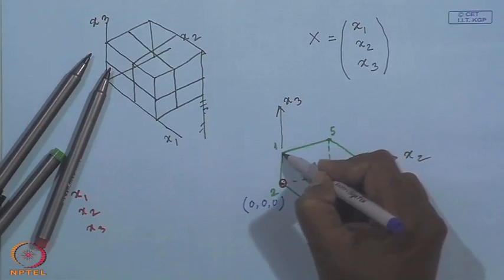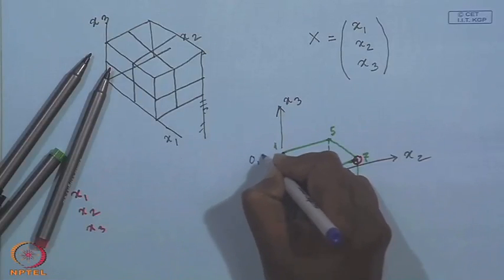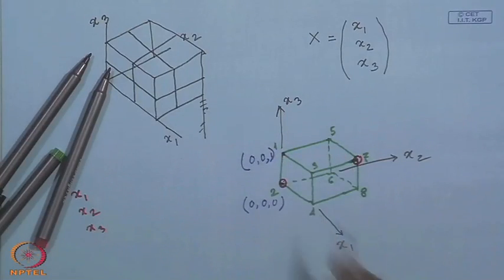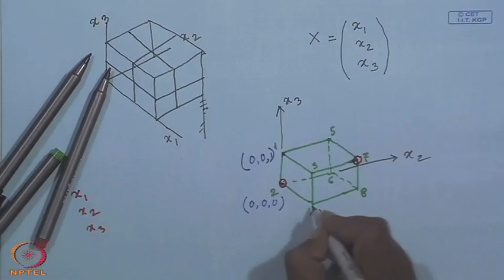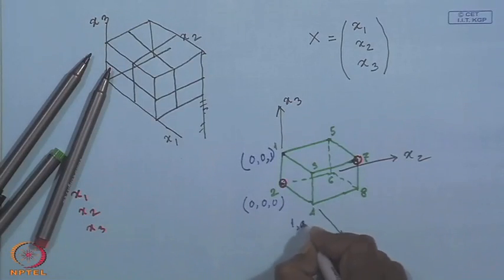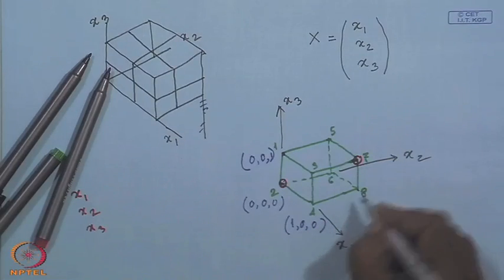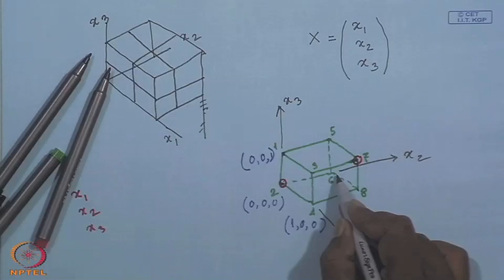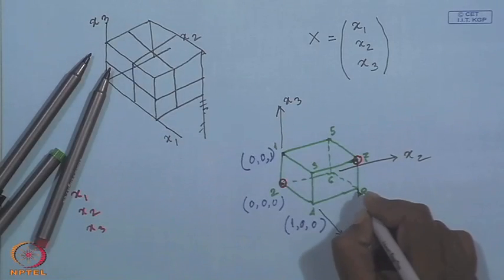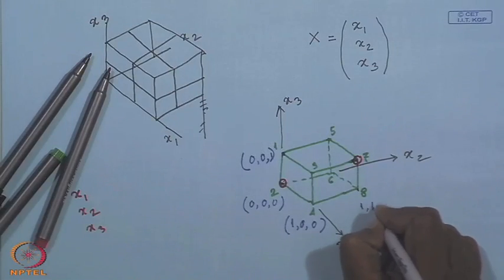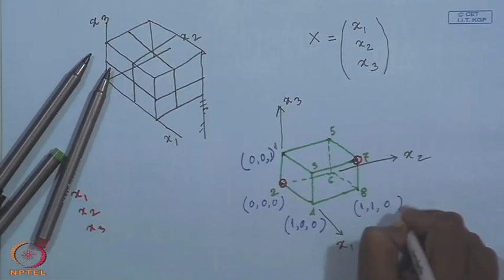Coordinates of this vertex will be 0, 0, 1. This vertex will be 1, x 2 component will be 0, x 3 component will be 0. For this vertex, both x 1 and x 2 components will be 1, whereas x 3 component will be 0. So, it will be 1, 1, 0.